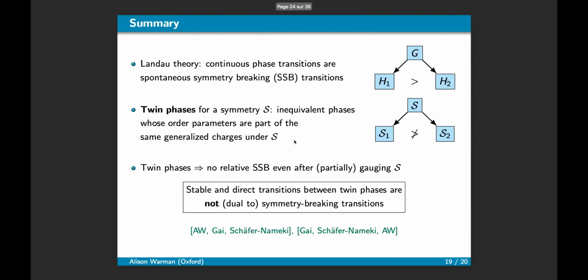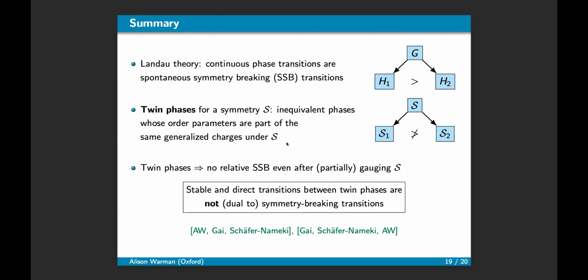Okay, so in summary, according to Landau theory, continuous phase transitions only occur between cases in which one subgroup contains the other one, and they're driven by an order parameter that has a trivial vacuum expectation value in one phase and then gains one across the transition and increases the ground state degeneracy, i.e. the spontaneous symmetry breaking pattern.